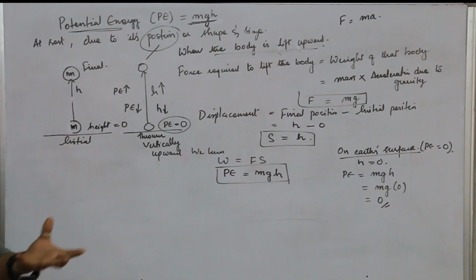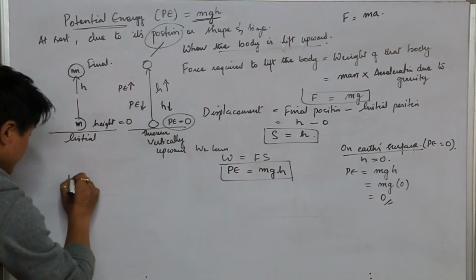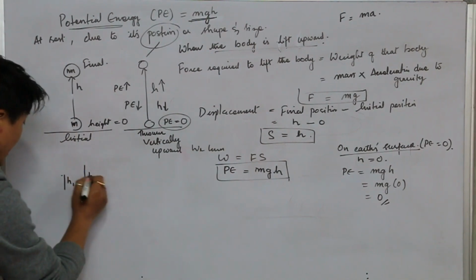If you have to find the change in potential energy, if the body is moved from height h1 to height h2, here the height is increasing.